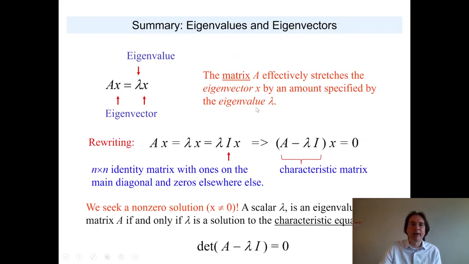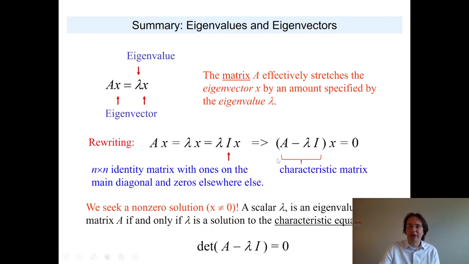Good. So let's summarize what we've learned today. We introduced the concept of eigenvalues and eigenvectors using the following equation. In a sense, matrix A effectively stretches vector x by lambda, but it doesn't change its orientation. Our solution to this problem goes as follows. We rewrite our equation in the following form: lambda multiplied by the identity matrix multiplied by x.